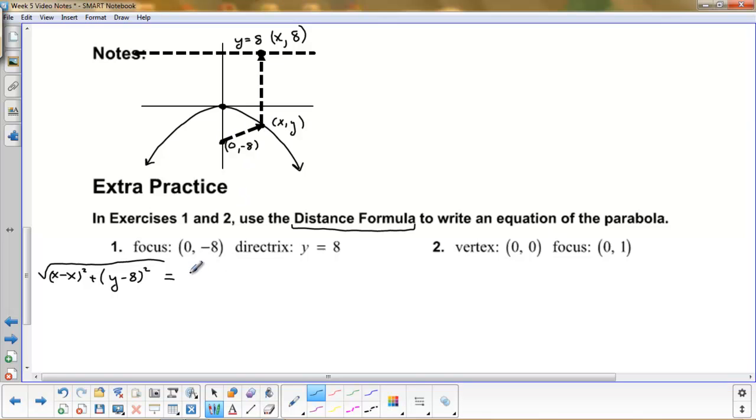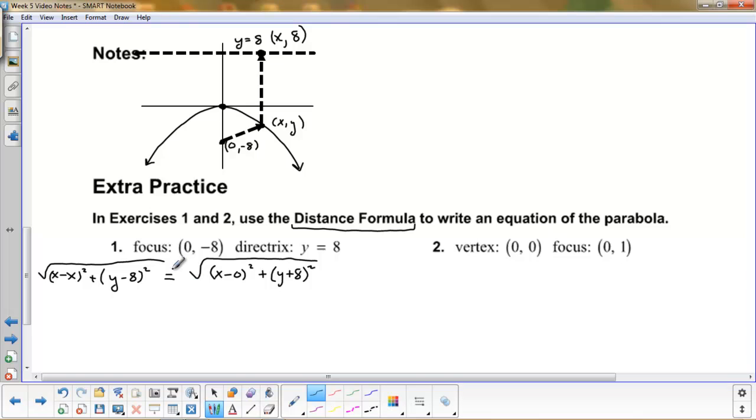So in the second one we use (x minus 0) squared plus (y plus 8) squared. And that's because a minus and a minus makes a plus. Remember, the distance formula is x minus x, y minus y, so this is y minus a -8, and that's how I got the plus there.